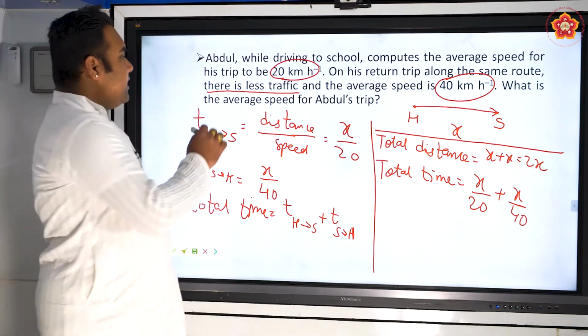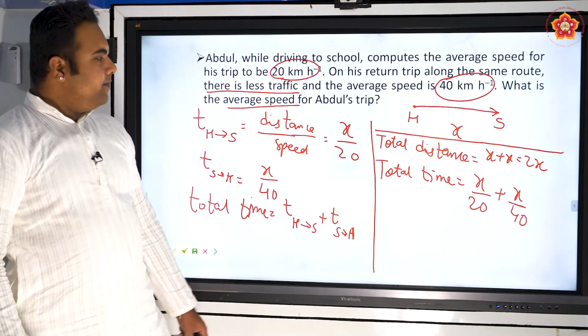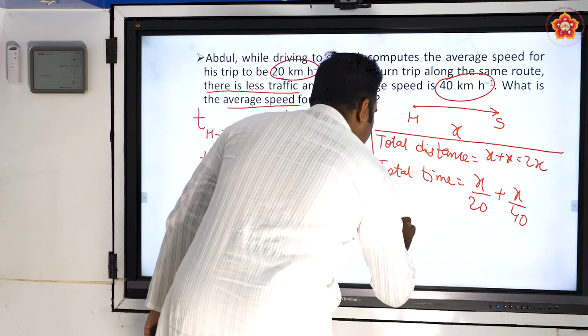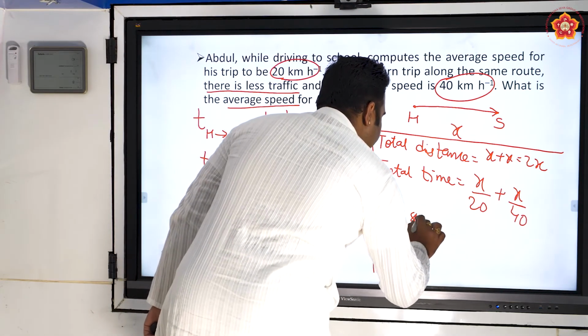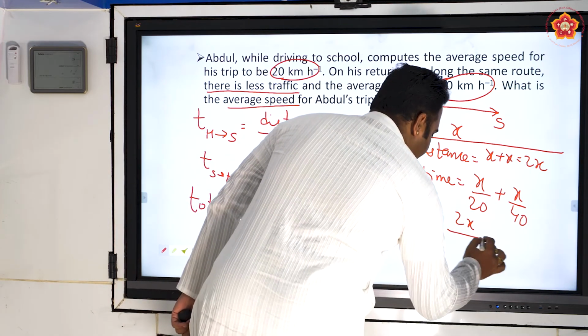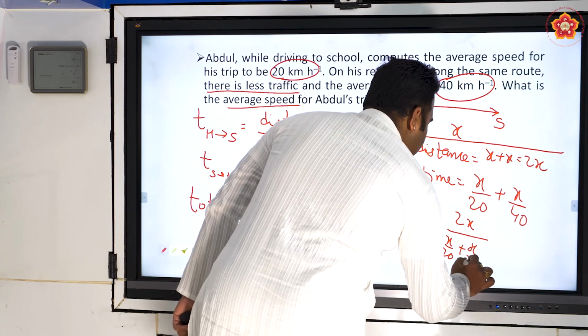Now they are asking for the average speed for the trip. Average speed will be what? Total distance 2x divided by the total time, so average speed is 2x divided by x by 20 plus x by 40.